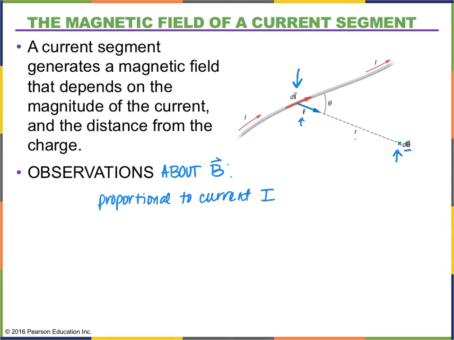What I mean by that is the larger the current, the larger the magnetic field that's going to be produced.